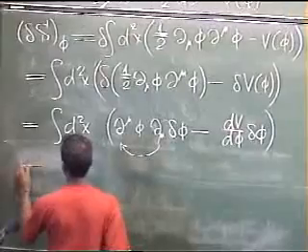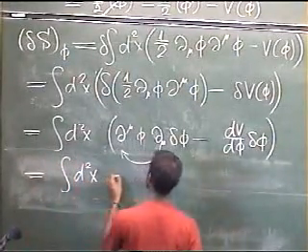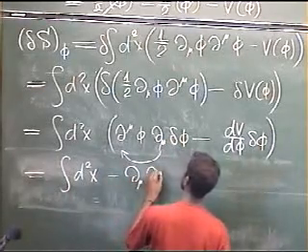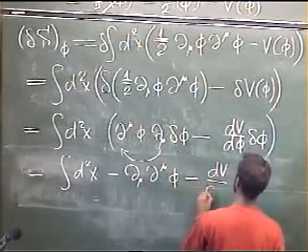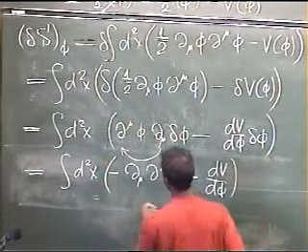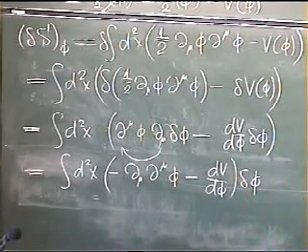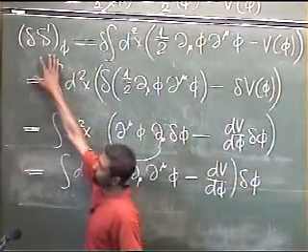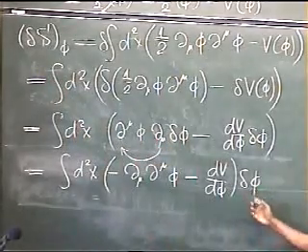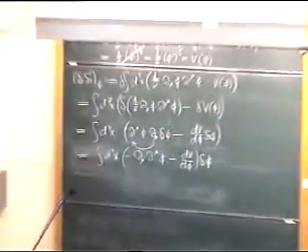So this is the integral d^2x, after integration by parts, of minus d_mu d^mu phi minus dV by d phi. And now I can pull out this overall delta phi. This is the variation in the action when I've made an arbitrary variation in this field phi. The equations of motion come from demanding that the action be static under this variation.